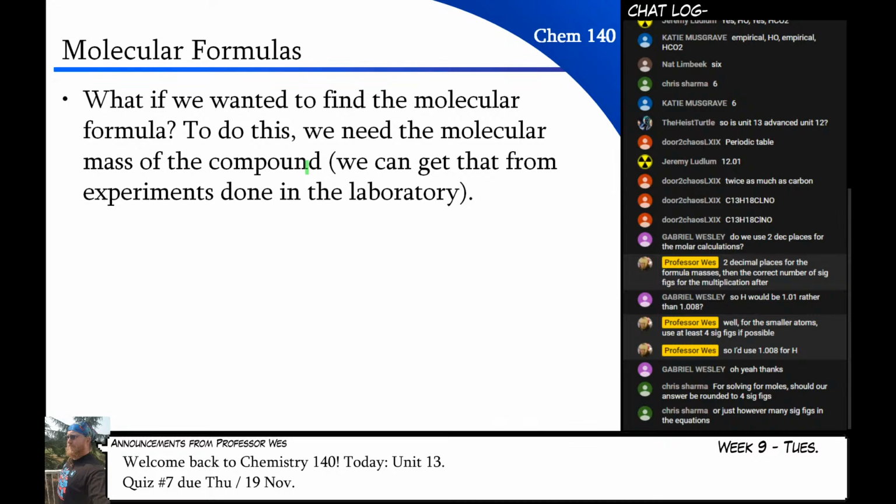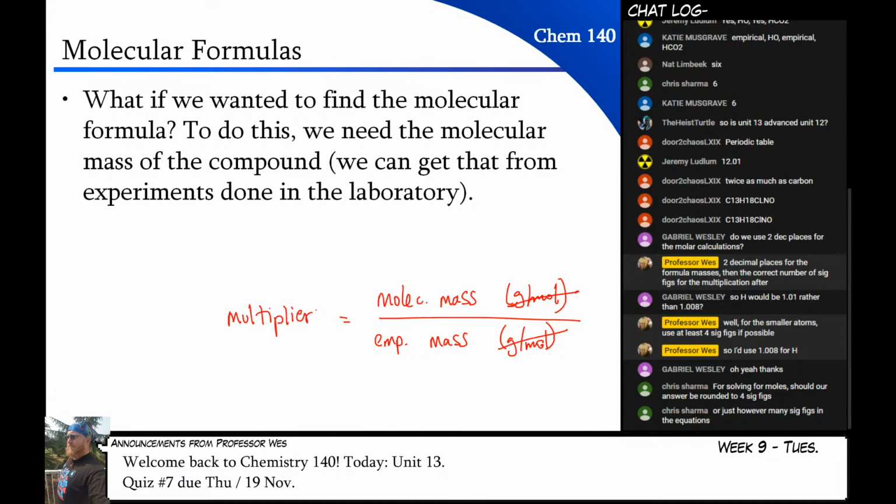All right. So let's talk about how we do molecular formulas. What we're going to have to do is weigh molecules. If I know the molecular mass in grams per mole, and I divide it by whatever the empirical formula weighs, the empirical mass, also in grams per mole, the units cancel out, and what I get is my multiplier.